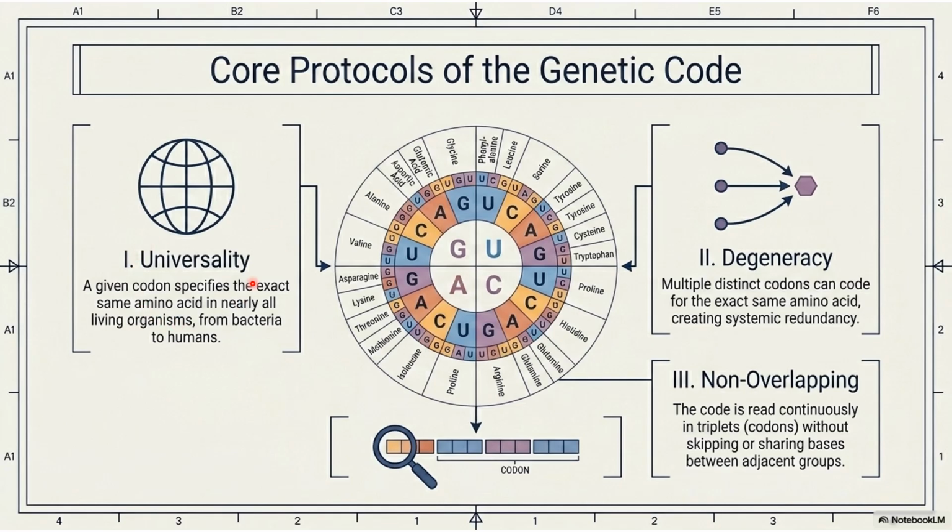Other than that, all codes will be universal. Degeneracy: multiple codons can code for the exact same amino acid with flexibility at the last nitrogenous base. And non-overlapping: codons will be read distinctly. There will not be any sharing between adjacent codons. Okay.